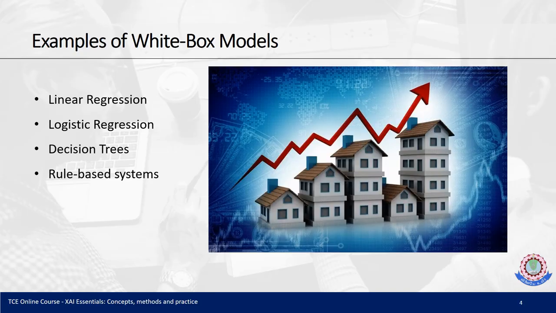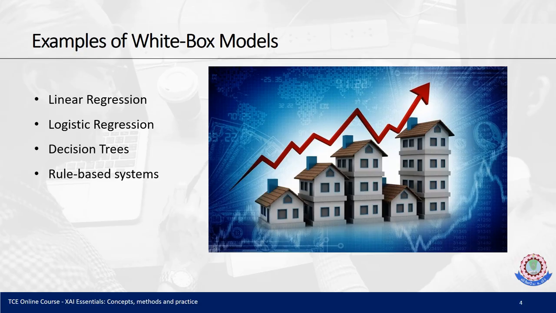Let's start with a very common example, linear regression. Imagine we want to predict house price. A linear regression model assigns a weight to each feature. For example, larger house size increases the price. More bedrooms increase the price.